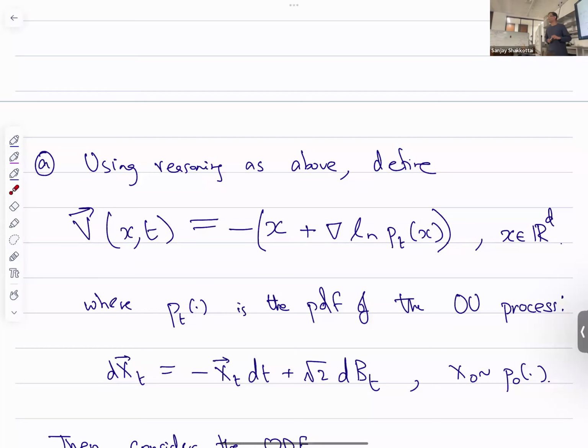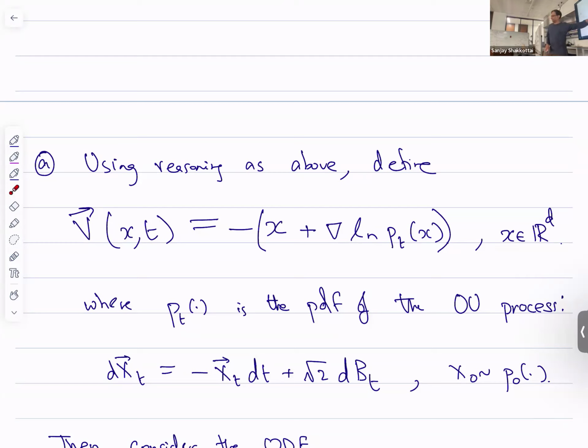In particular, let me understand this. SDE and ODE. So there was a p_0. Now I had some SDE. The equation looked really simple, the update rule, right? And it gave me a p_T at the end, or p infinity, which is Gaussian. Okay. Now what this is saying is, I want this p_0 at the beginning and this p_T at the end. What is the ODE that will give me that?